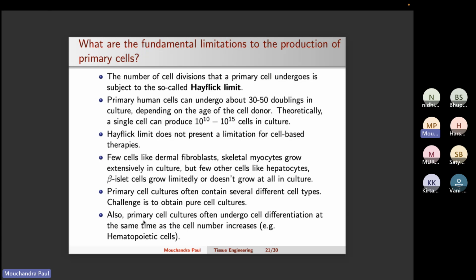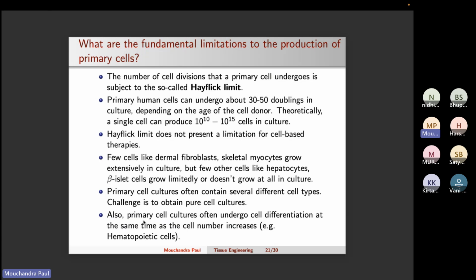So there are some limitations, and we'll talk about those. The number of cell divisions that a primary cell undergoes is subject to the so-called Hayflick limit. The Hayflick limit provides a limit to how many cell divisions a primary cell can undergo. The number of cell divisions is totally different from the number of passages, so don't confuse between these two things.